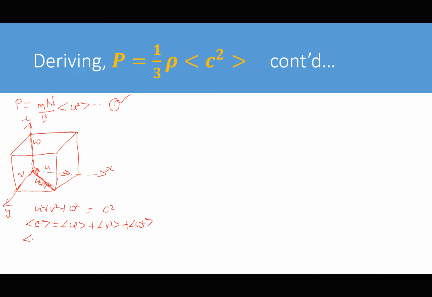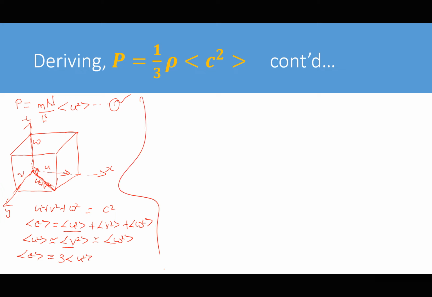So the average speed in the x direction will be approximately the same as the average speed in the y direction, which will be approximately the same as the average speed in the z direction. And if this is true, it means we can simply say that the average c squared is approximately equal to, because these three are equal, I'll just take one of them. Since they are three, this would be 3 times average of u squared.